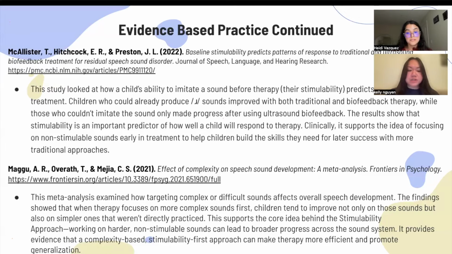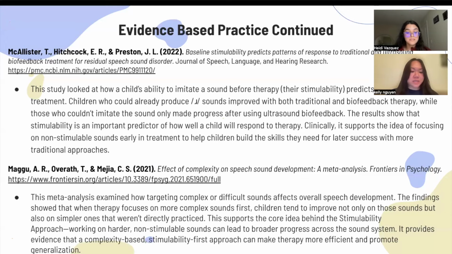The results show that stimulability is an important predictor of how well a child will respond to therapy. Clinically, it supports the idea of focusing on non-stimulable sounds early in treatment to help children build the skills they need for later success with more traditional approaches.